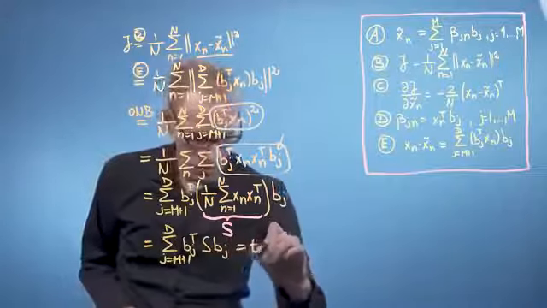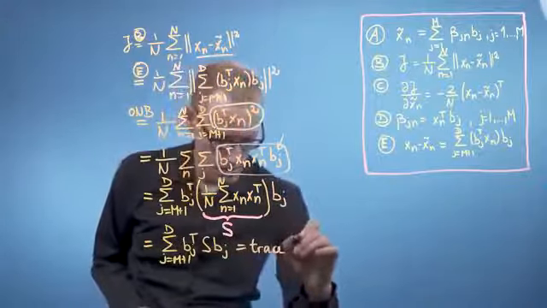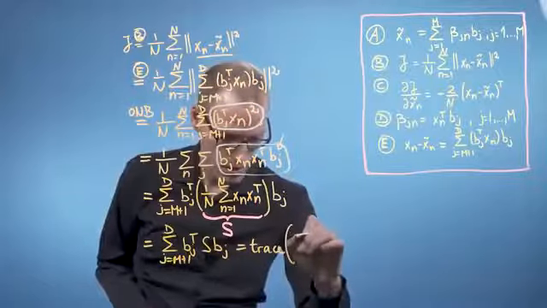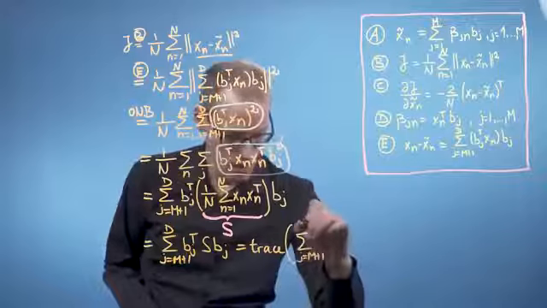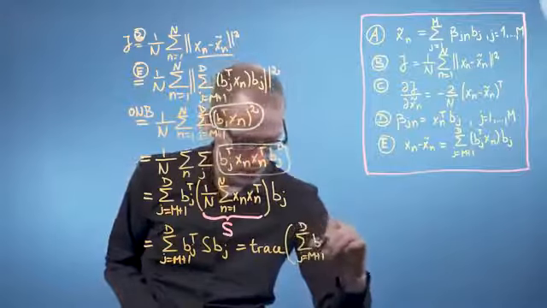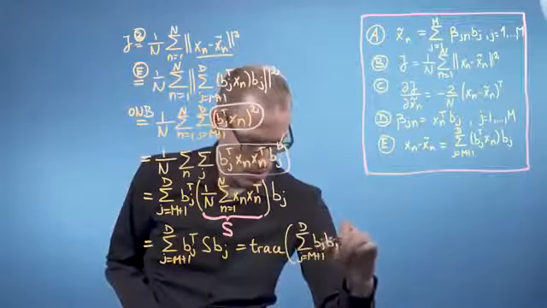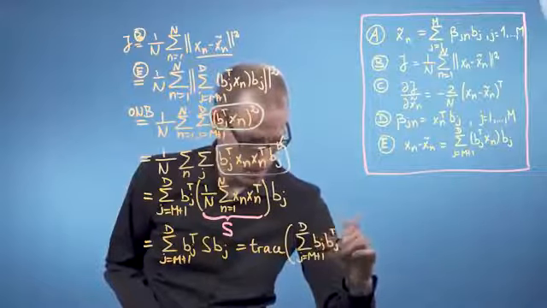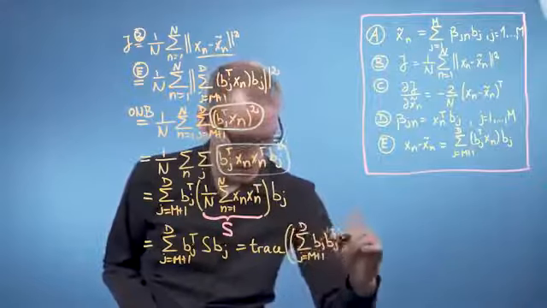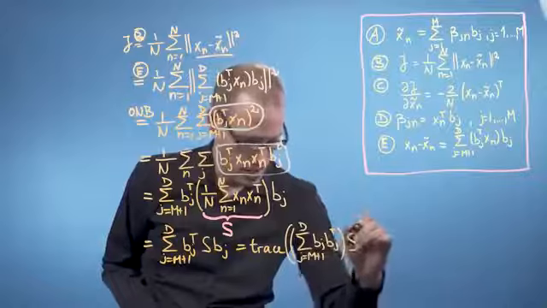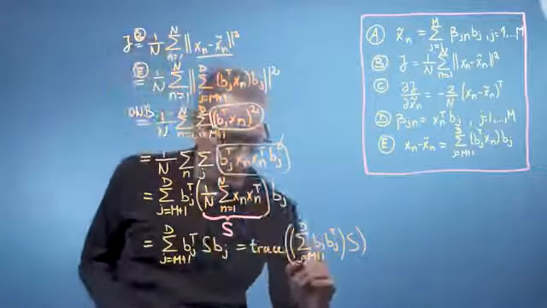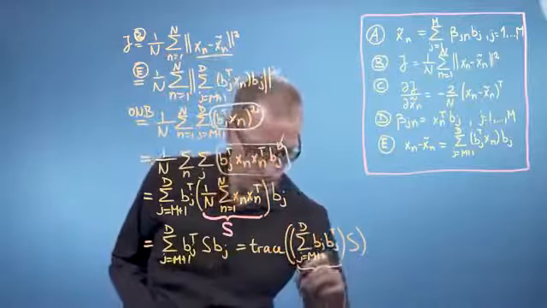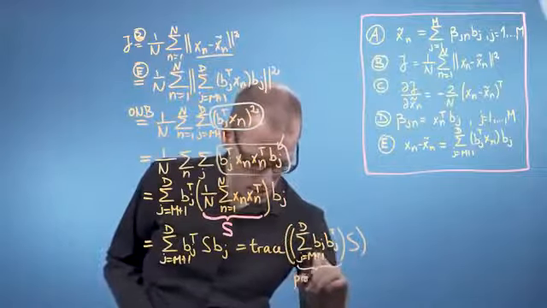So we can now also write this as the trace of the sum of j equals m plus 1 to d of bj times bj transpose times S. And we can now also interpret this matrix as a projection matrix.